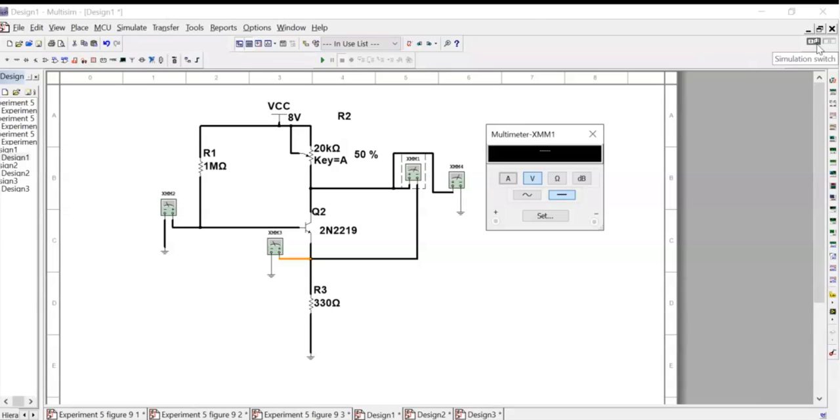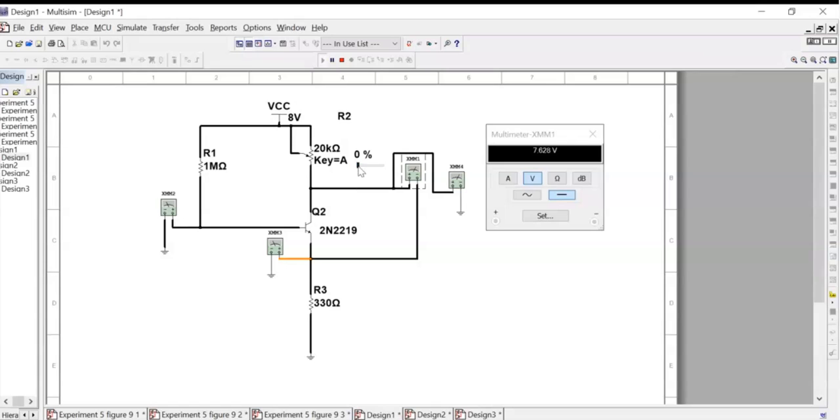So we need to adjust resistor R2. This is not yet 7.8. How about 0%? This is the highest value, 7.628.